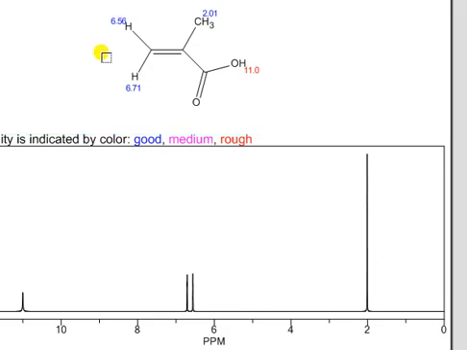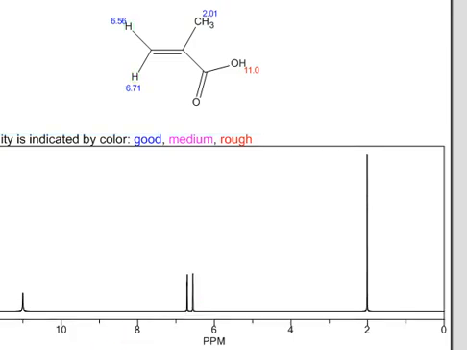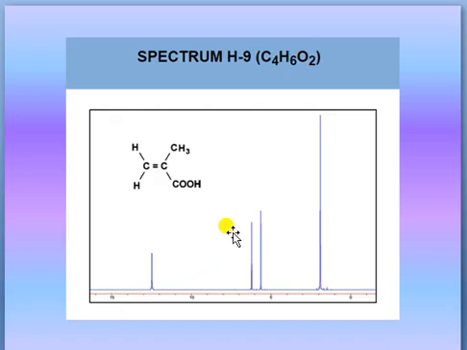So the coupling does not have much effect on each other, so they are not actually coupling with each other. So no J value is there. So all are singlet. CH3 is singlet, and this proton is singlet. All are singlet. So it is okay. It is matching actually. So that's all. Thank you.